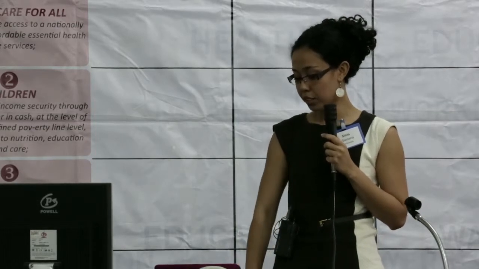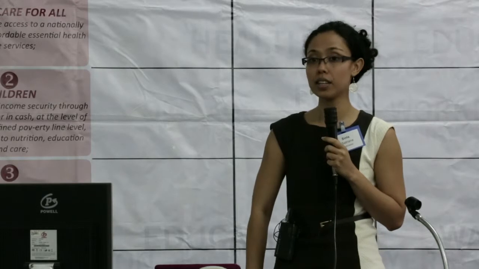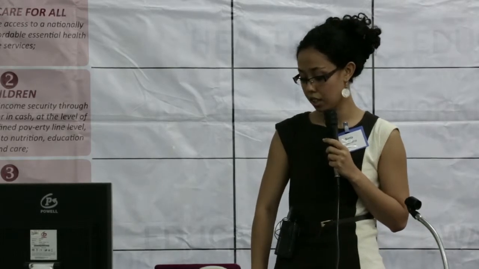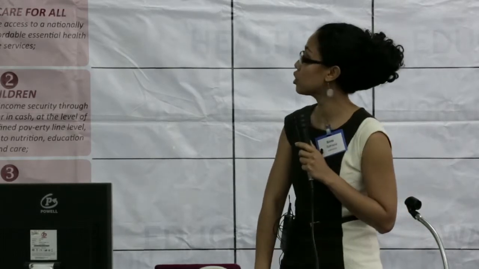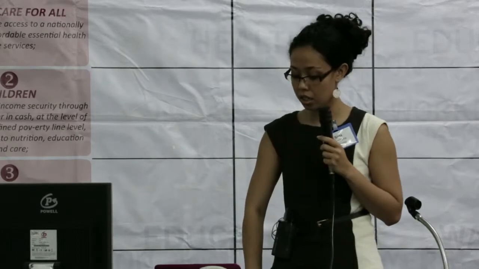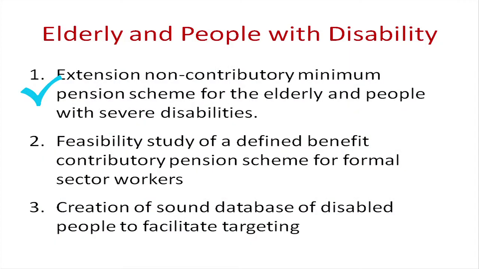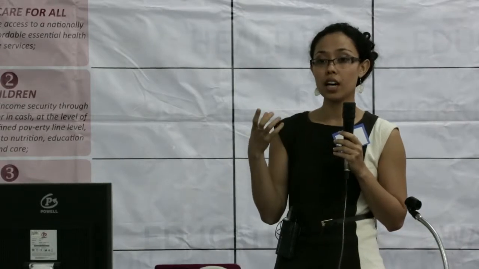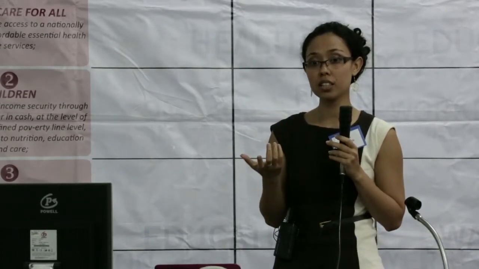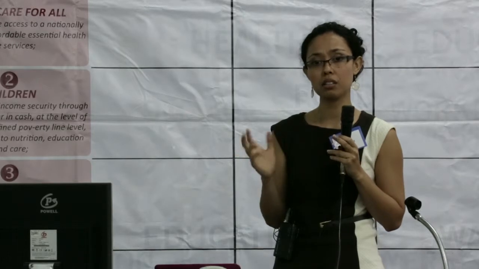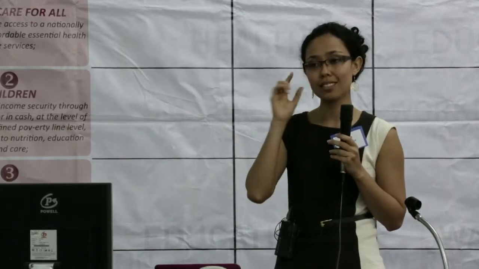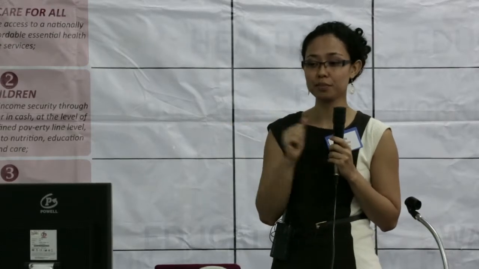Back to the last part of the recommendation. Recommendations I took are first extension of non-contributory minimum pension scheme for the elderly and people with severe disability. At the moment, the government has pilot programs providing minimum pension of 300,000 rupiah, around $30, slightly above minimum wage. Slightly above poverty line.